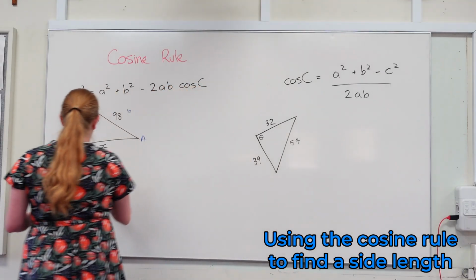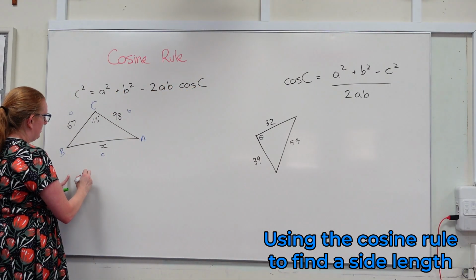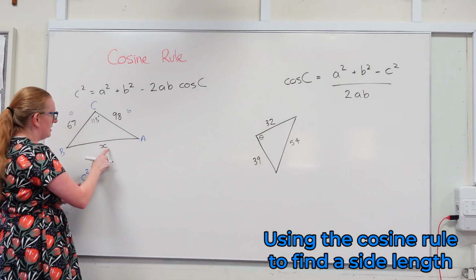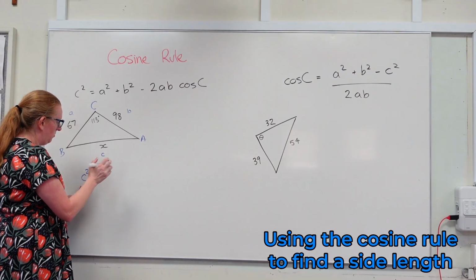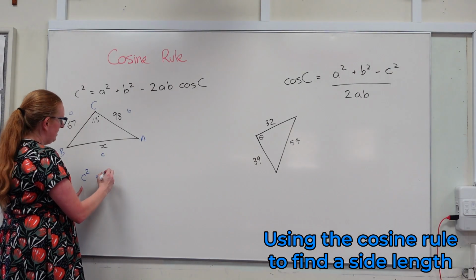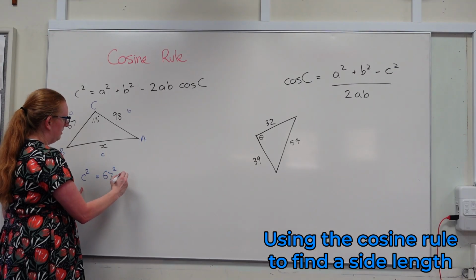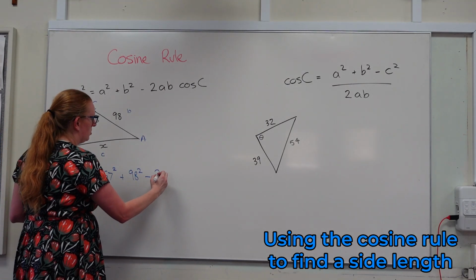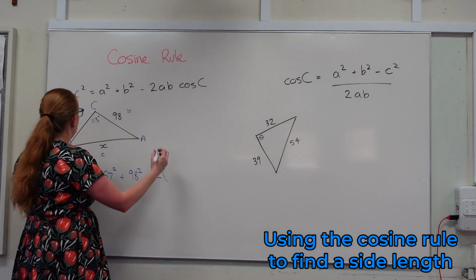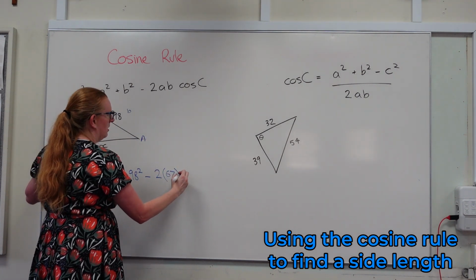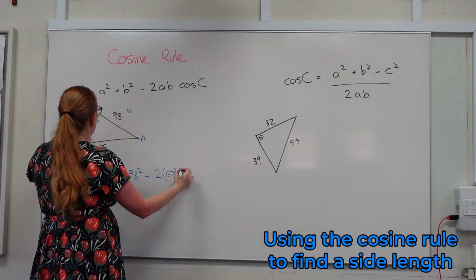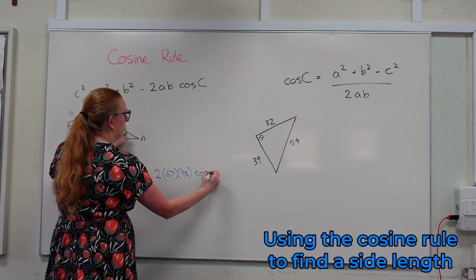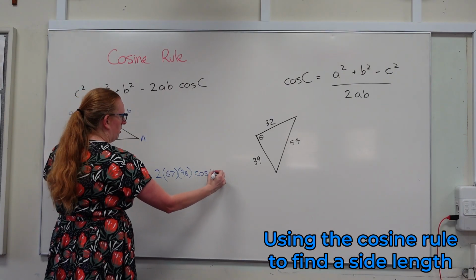So I've got c squared, or I could write x squared, that's fine, because it is actually an x. Then a is 67, so 67 squared plus 98 squared minus 2, and then a is 67, b is 98, and then cos, capital C is 113.